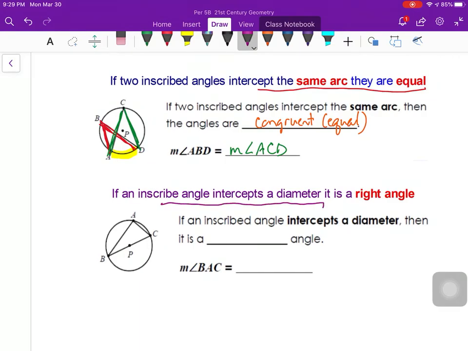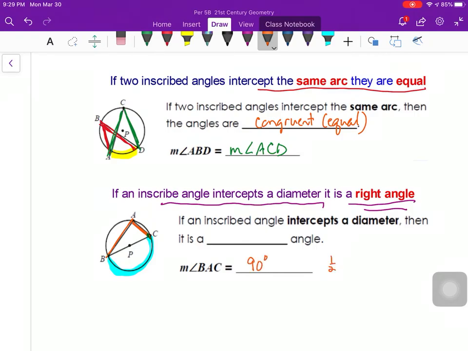Another thing that shows up in this section is if an inscribed angle intercepts a diameter, then that inscribed angle will be a right angle. So if we consider this inscribed angle right here, BAC, we can see that the arc that's associated with it is this arc out here, which is a semicircle.